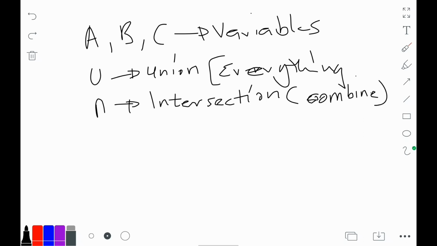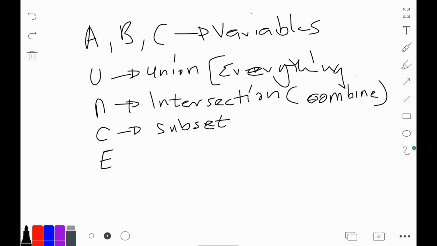We also have this one. This one means subset. These are the symbols that you need to know in order for you to understand COS 1501.